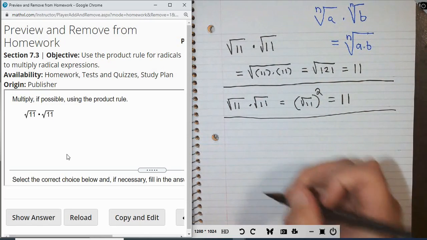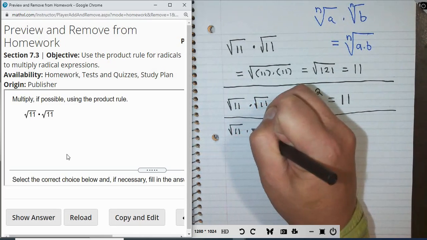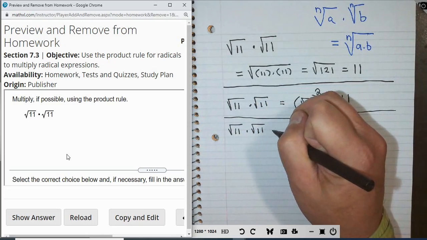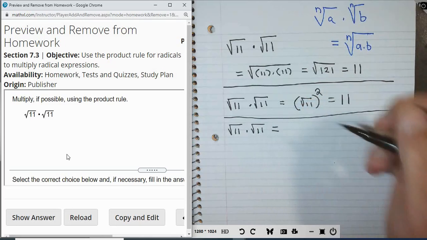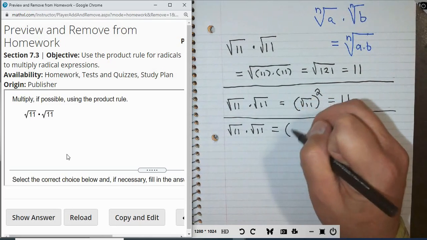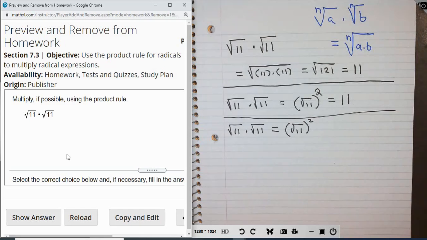Let's use our knowledge about what we talked about, radical expressions written using rational exponents. So we already said square root of 11 is the same thing as square root of 11 quantity squared.